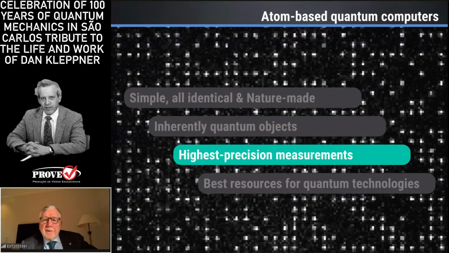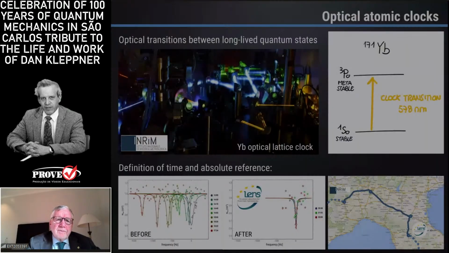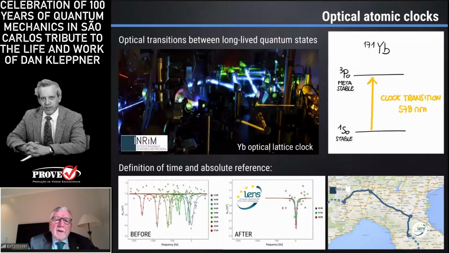For sure, the reason that I described to you ytterbium before is also that ytterbium atoms, as you might know, is a key atom to develop the optical clocks to measure time using the clock transition from the ground state to the metastable state.